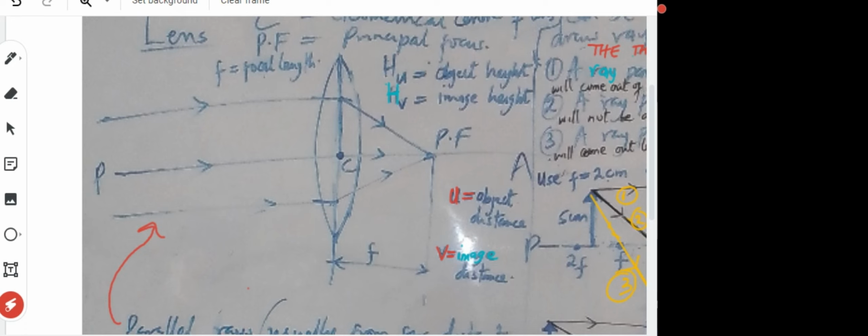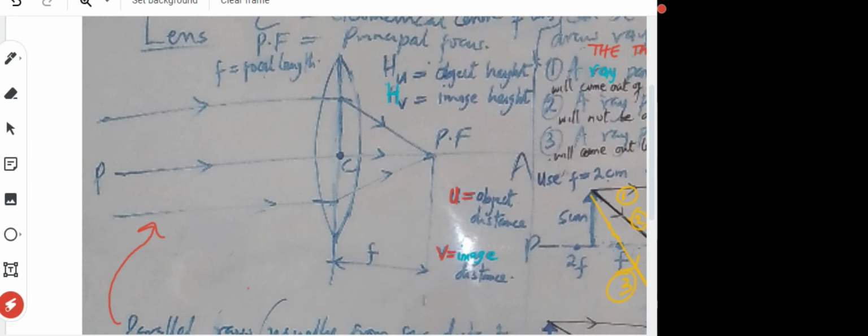Yes. Alright. Now, you get parallel rays from far distant objects, like the light of the sun. The sun is far enough. Once rays are coming from far distant objects, they come parallel. You know, there's a way you point a torchlight and it's spreading. They are not parallel rays. There's a way you can cause them to run parallel.